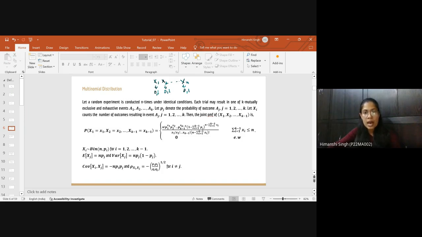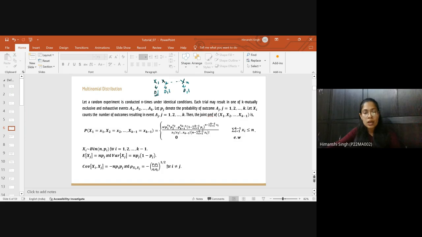However, for the multinomial distribution we are again considering n independent trials under identical conditions, but the outcome of each trial can be one of k outcomes. Apart from the two, we can have k mutually exclusive and exhaustive events which each trial can result in.